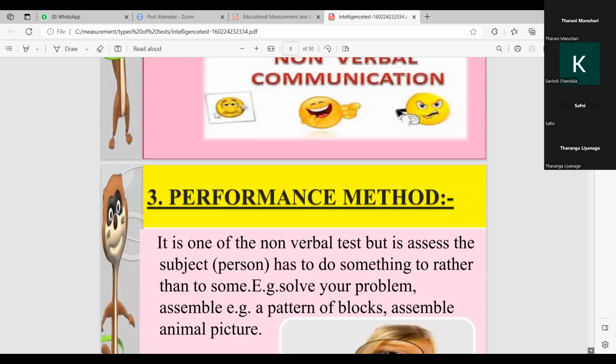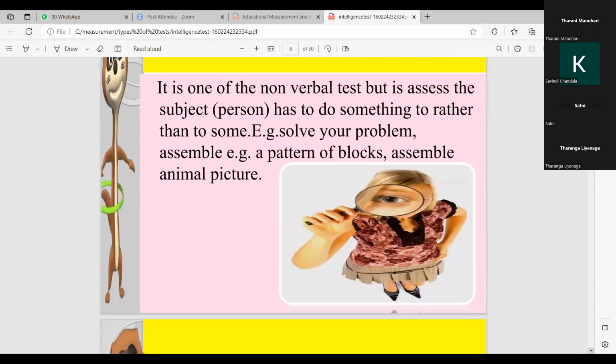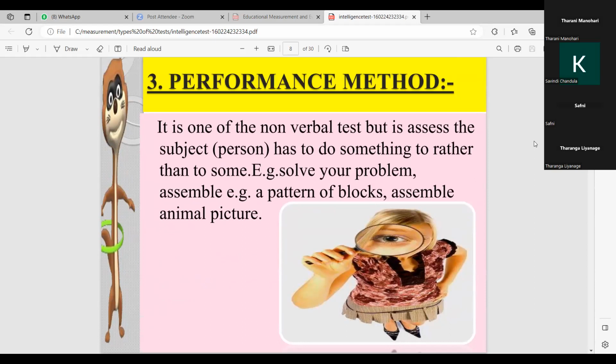Then the performance method, again good for people who are illiterate. It is one of the non-verbal tests, but it assesses the person by having them do something rather than just solving a problem.